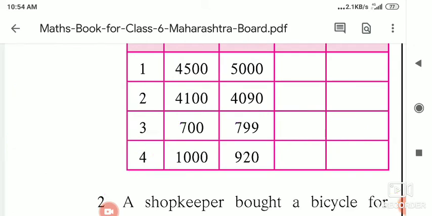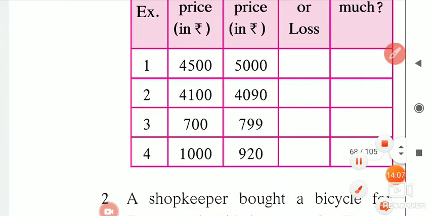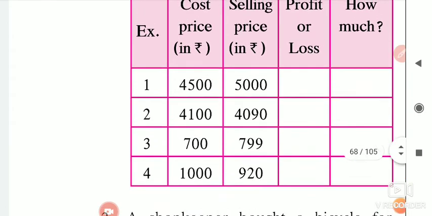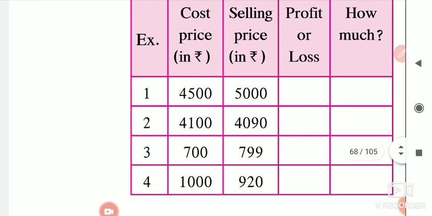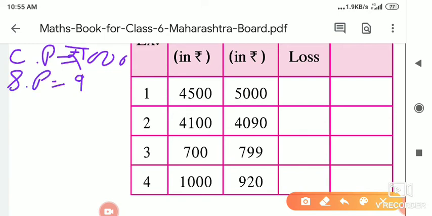Now in the next example, the fourth example, CP is equal to 1,000 rupees, and SP, meaning selling price, is equal to 920 rupees. So here CP is greater than SP.